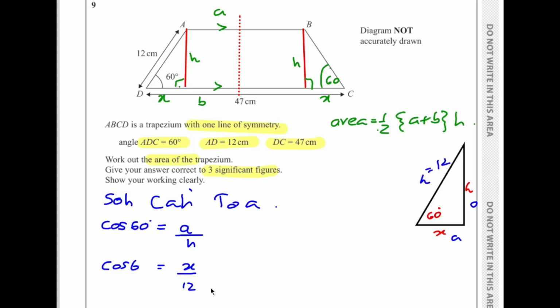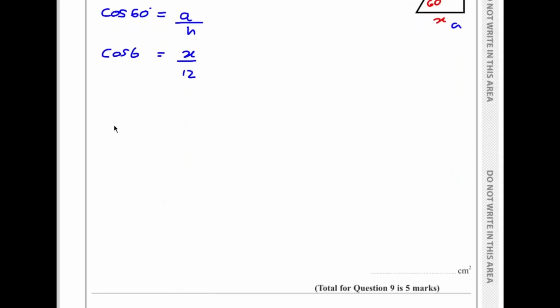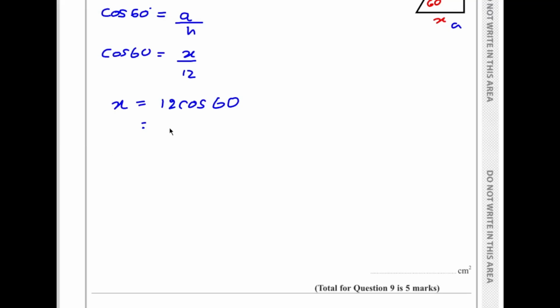Then I can get x straight away. x becomes 12 cos 60, which becomes 12 into cos 60, which is 6. Right. Now we have what x is.